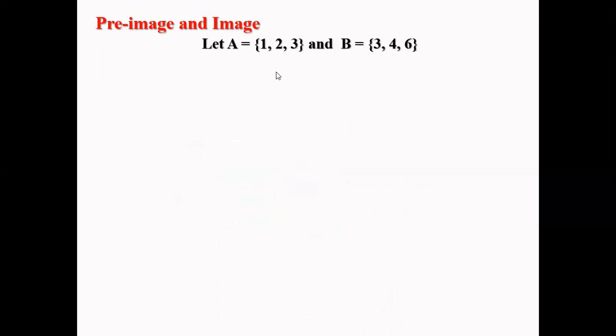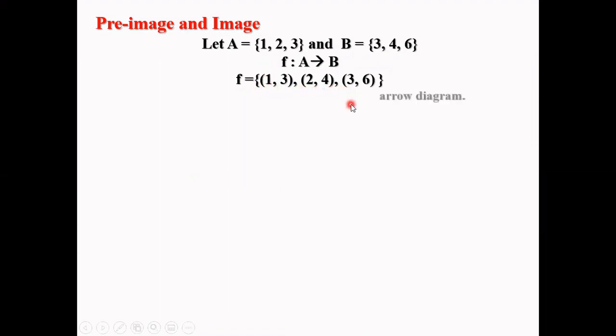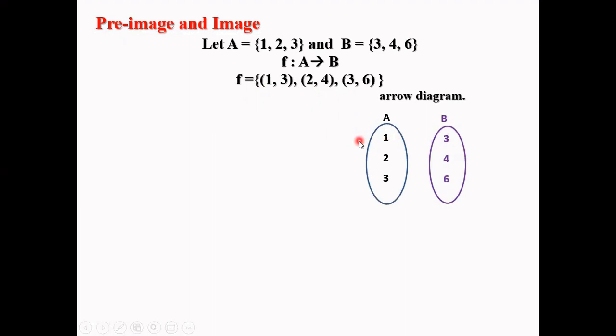Once again, let's take an example. Set A has elements 1, 2, 3. B has elements 3, 4, 6. The function is from set A to B and the ordered pairs of f, or elements of function f, are (1, 3), (2, 4), (3, 6). Representing this function f in an arrow diagram, we have sets A and B here.